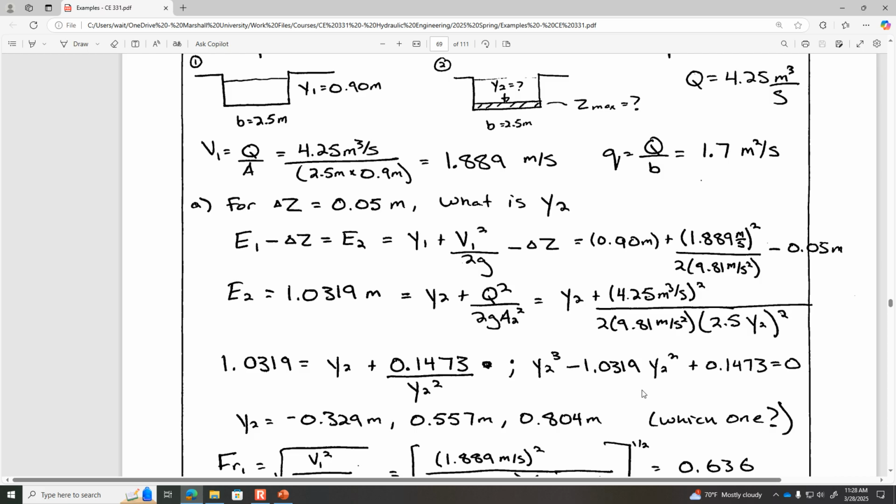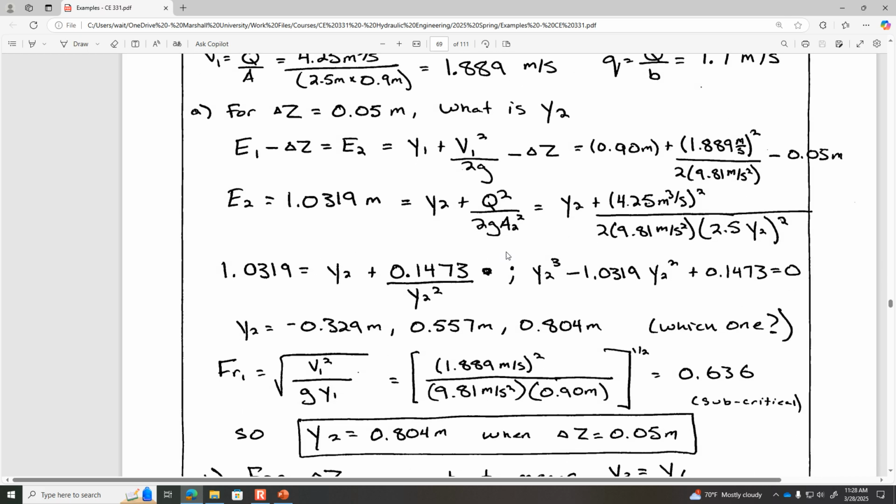Noah, did you get it? No? So the roots will end up with 0.329 as the negative root, and then the two positive roots, 0.557 and 0.804.